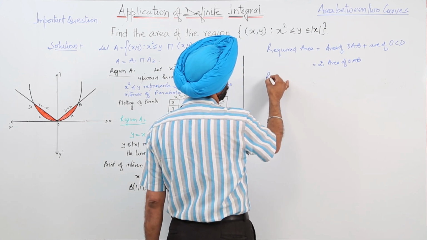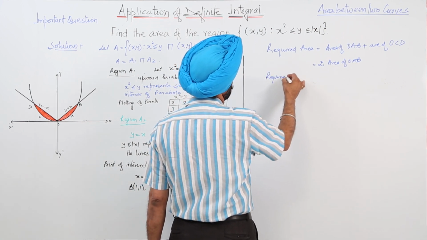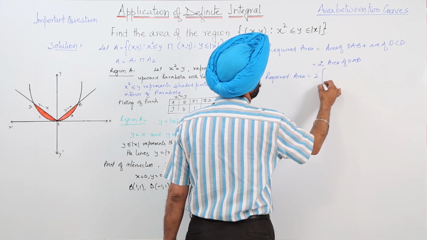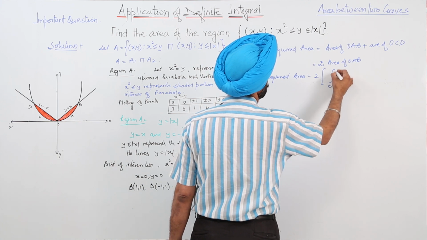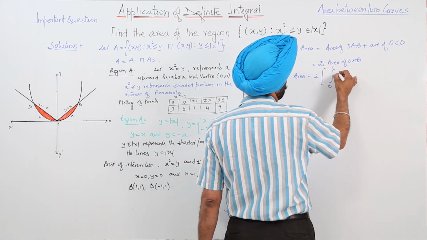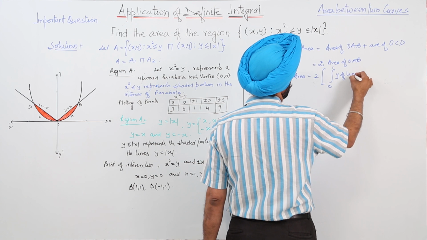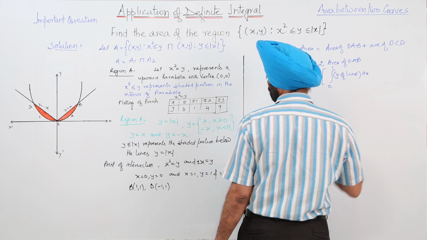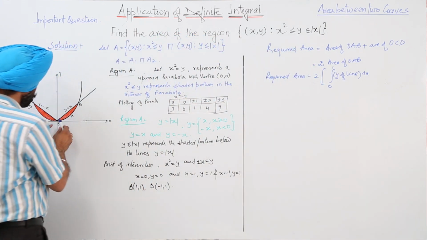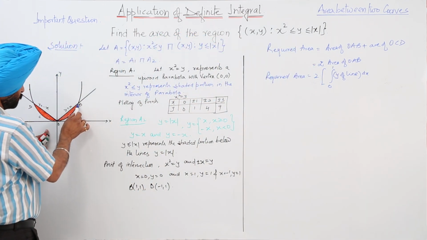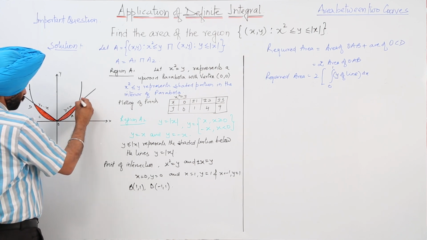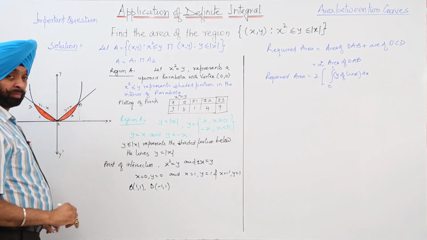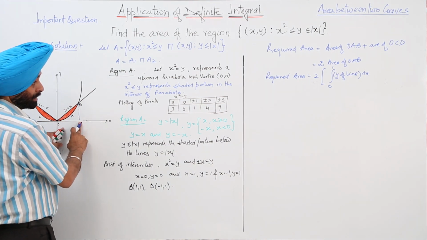Now, required area is equal to 2 times the integration from 0 to 1 of y of line dx, from 0 to this portion B and up to here, up to the x axis.